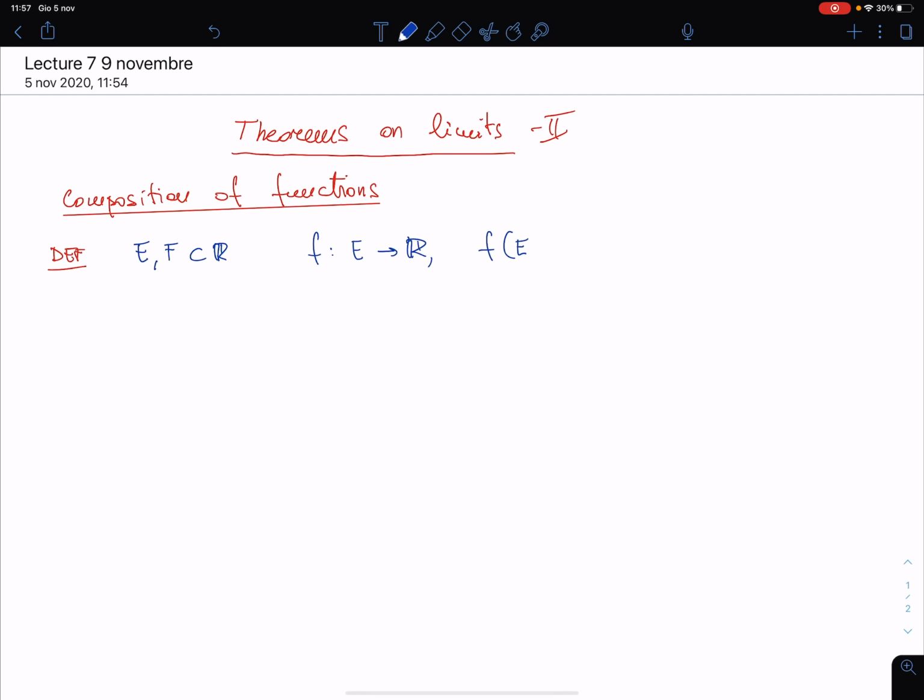The image of E, of the domain, the image of f, is a subset of capital F. And then we have another function, g, again from F to R.